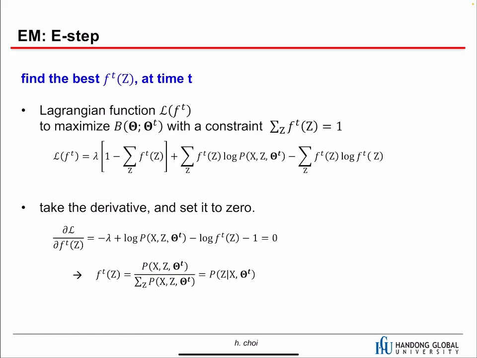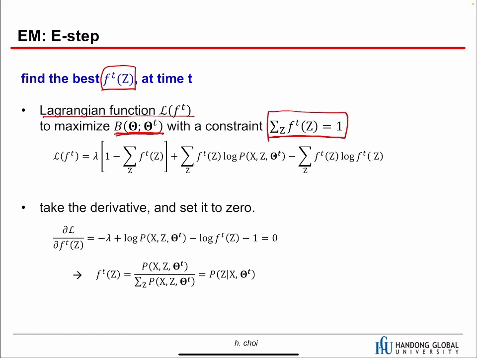So we have a Lagrangian function here to maximize this one with this constraint. In the previous slide I said we want to maximize this lower bound, and in this lower bound we have f_t. This is a probability distribution, so we have a constraint here.